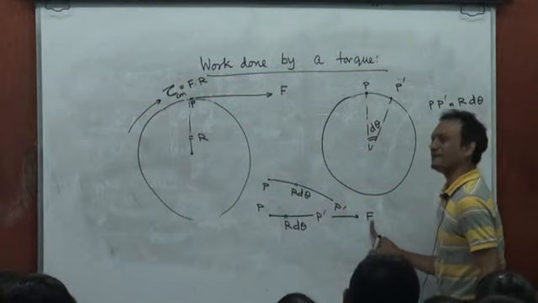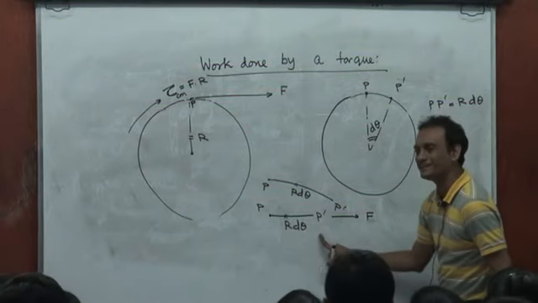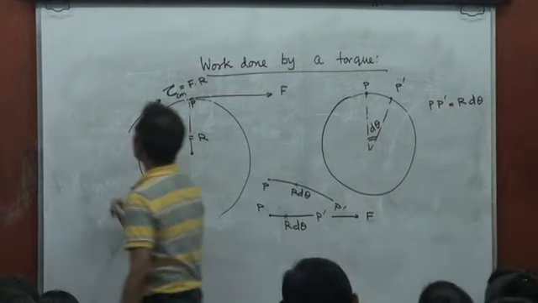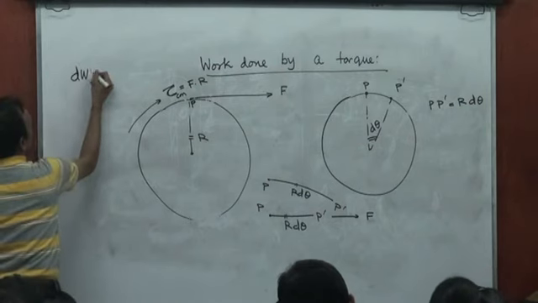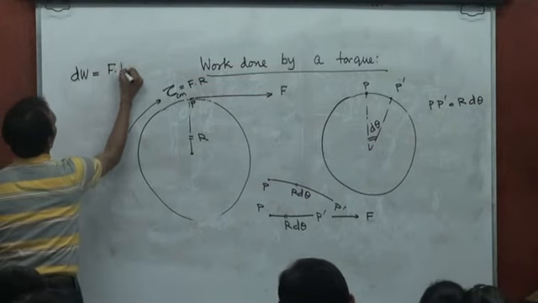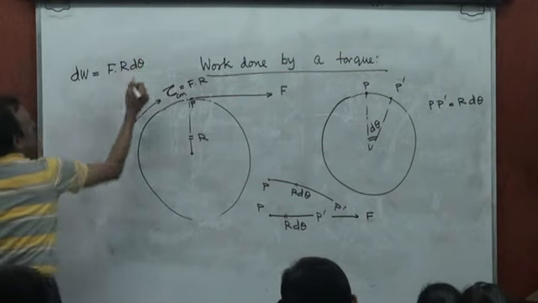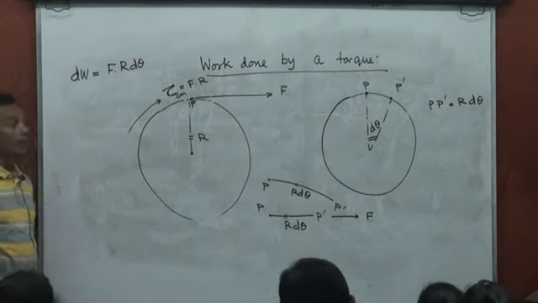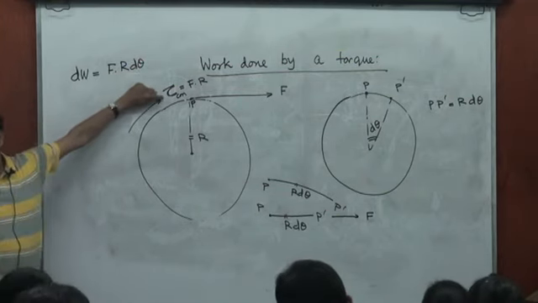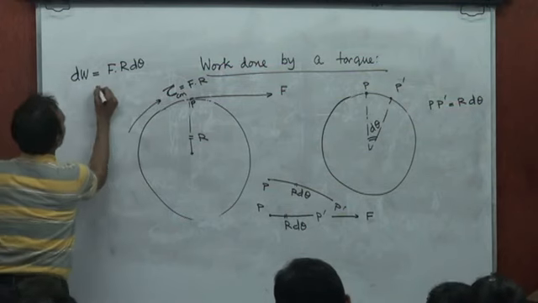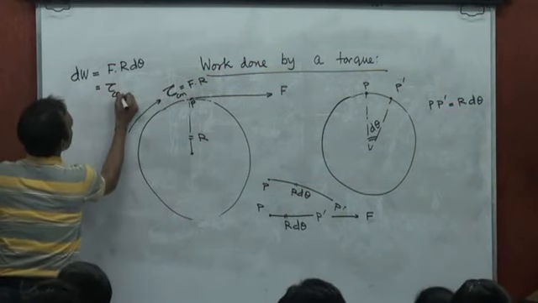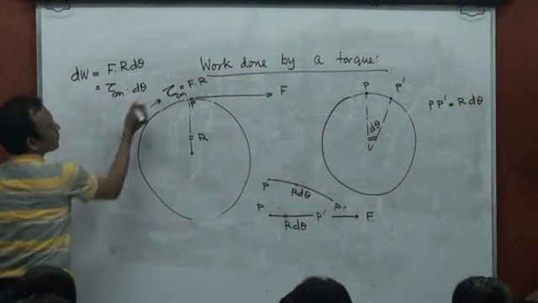The force F that produced the torque tau was acting this way. So, what's the work done by this force? F into R d theta. But F into R was the torque about the center of mass, so the work done is torque about the center of mass into d theta.